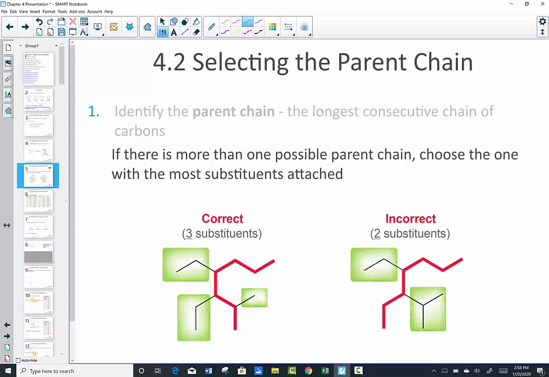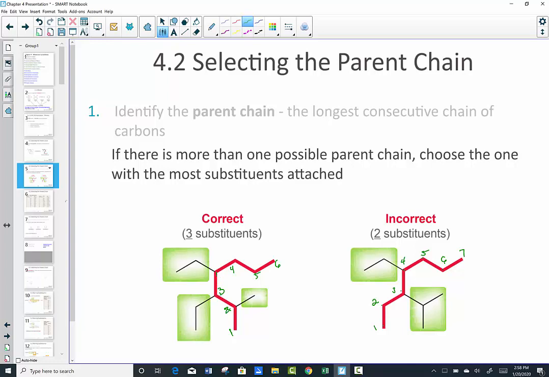Sometimes when we're numbering in the parent chain, there's more than one possible correct answer. So more than one possible way that gives you the same answer. Choose the one with the most substituents attached. For example, in a compound where I have 1, 2, 3, 4, 5, 6, 7 carbons in the longest carbon chain, and if I consider this direction, I still have 1, 2, 3, 4, 5, 6, 7 carbons in the longest carbon chain.